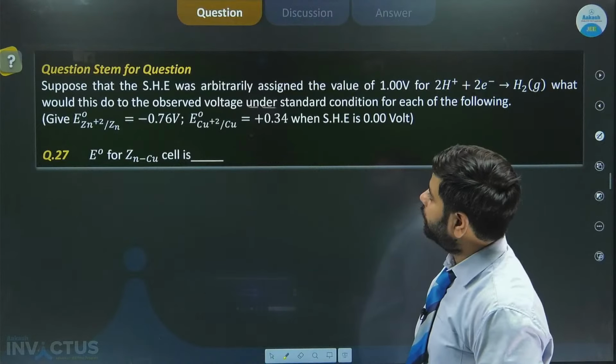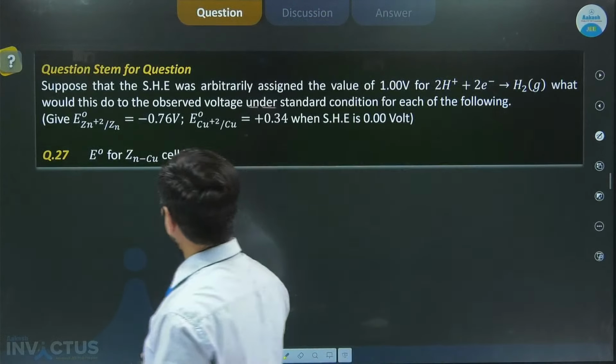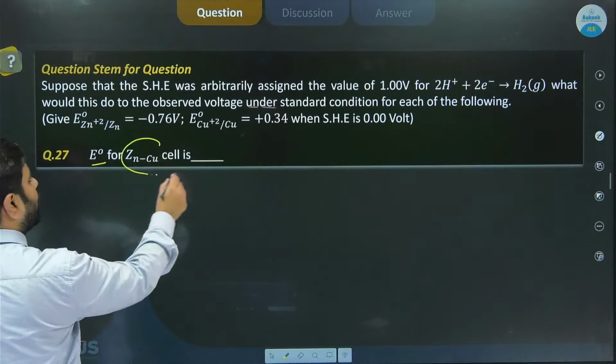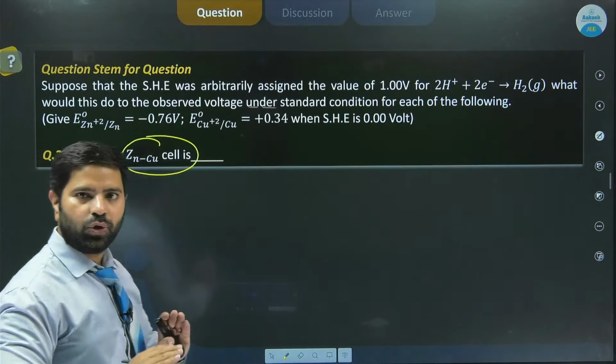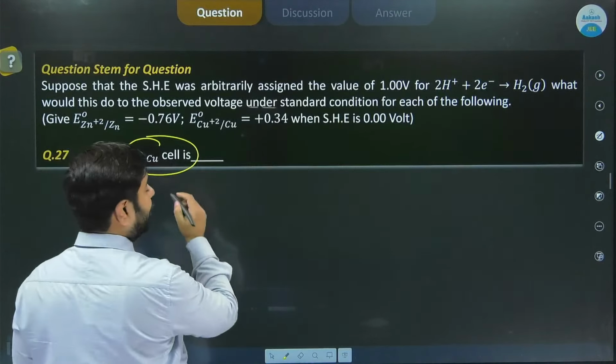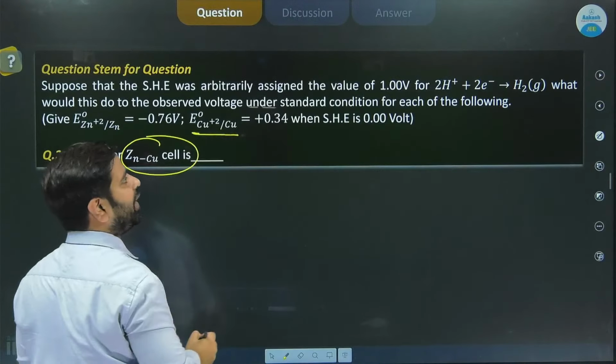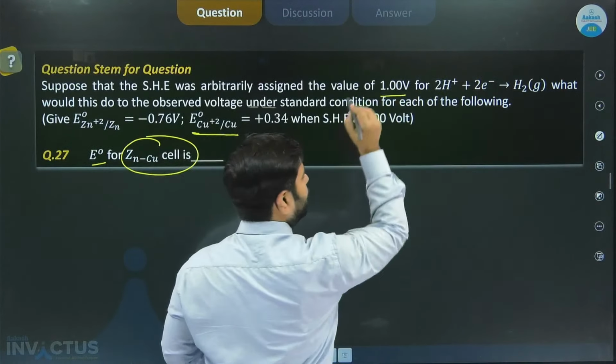Now, next question, we have to calculate E0 for the Zn and copper cell. The E0 of the cell that will be made from Zn and copper has to be found. So first we will have to calculate the E0 value for the copper electrode as well when this is 1 volt.